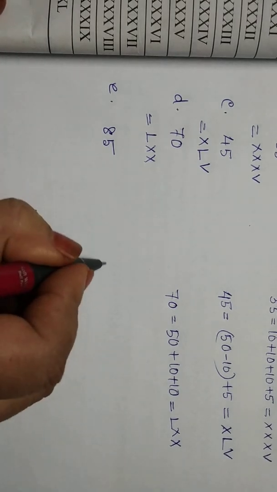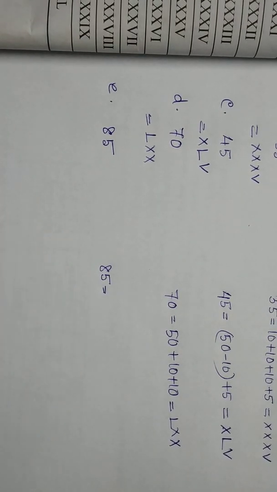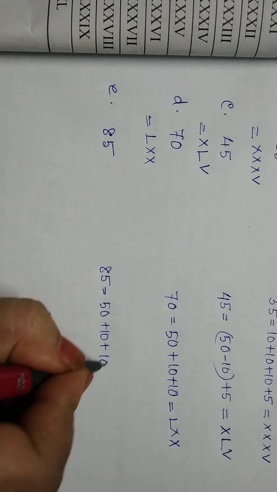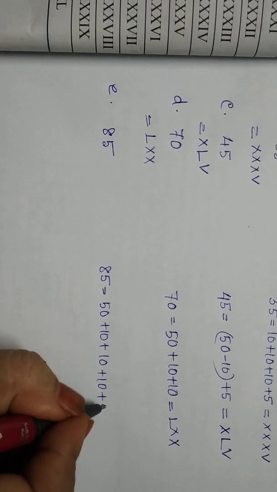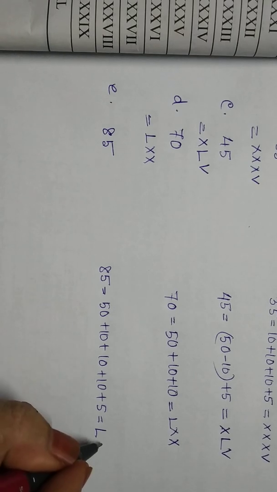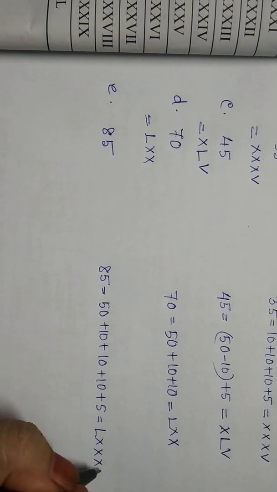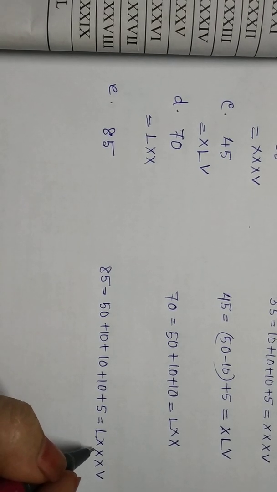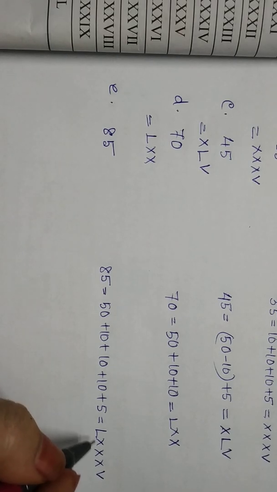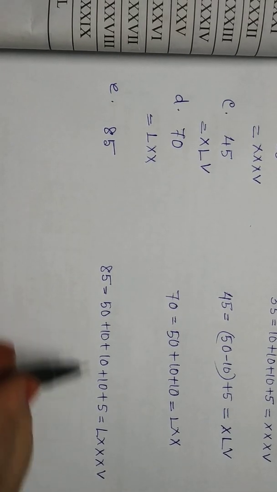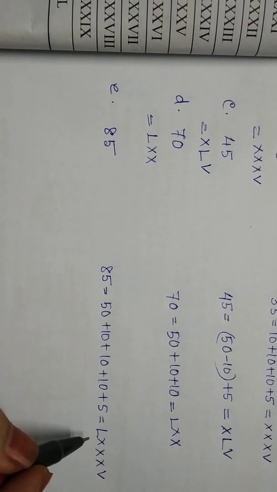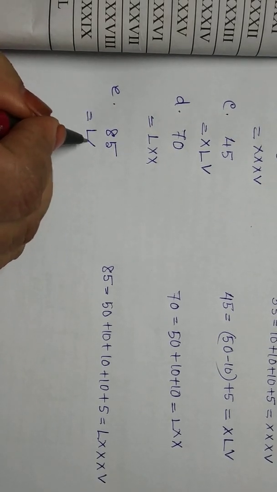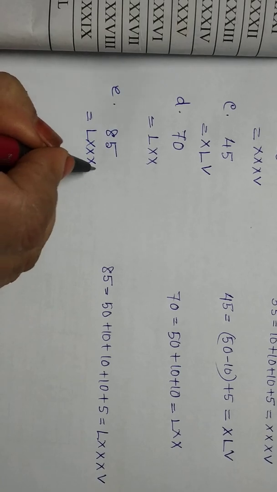Next, 85. 85 we can write 50 plus 10 plus 10 plus 10 plus 5. 50 means L, 10 means X, X, X, and V. Because if we write a symbol on the right side of the greater value, then it will be added. That's why LXXXV means 85.